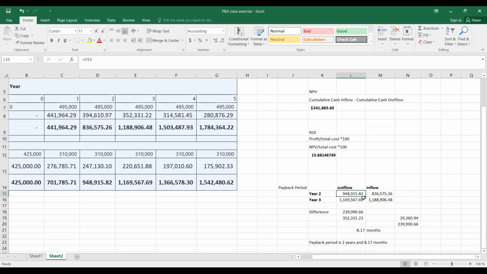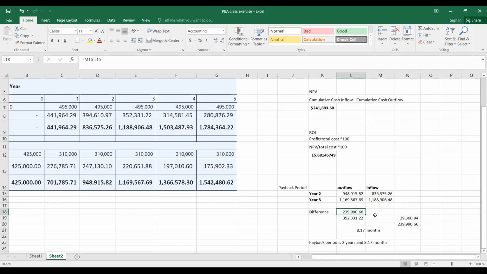After that, you'll find out the difference for your inflow from year 3 and year 2. Thereafter, the very first difference between inflow and outflow, that value is divided by the difference of the inflow, multiplied by 12.